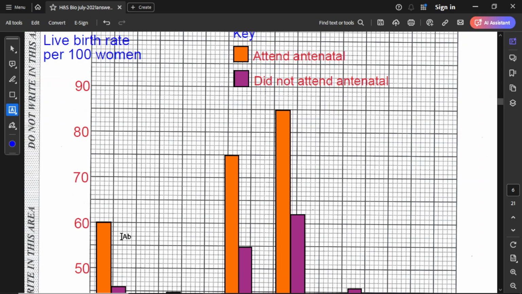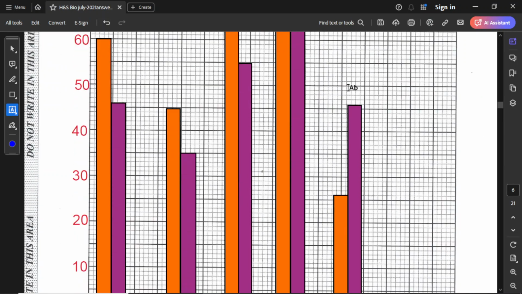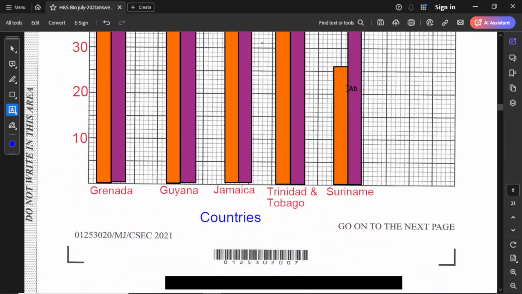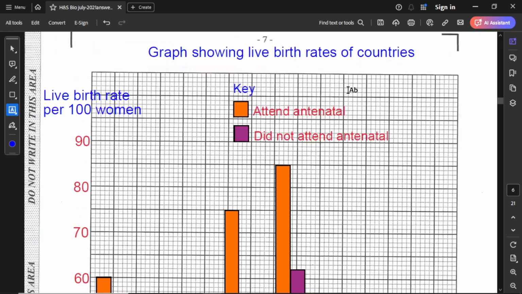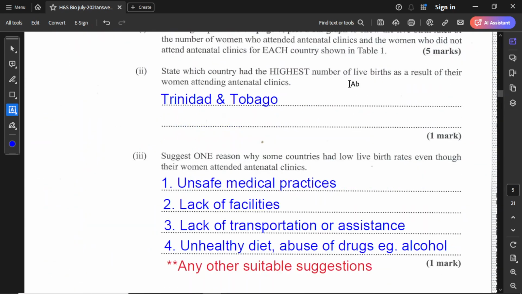So those bars in orange will be those who attended antenatal clinics, and the ones in purple will be for the women who did not attend antenatal clinics. All right, and so we have a graph looking something like this. That will pretty much be sufficient to earn you your 5 marks.